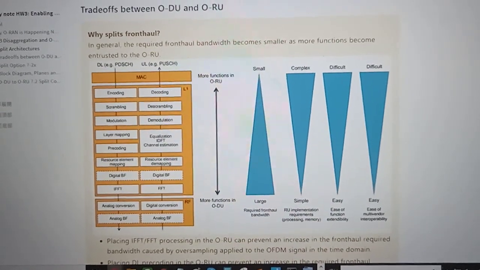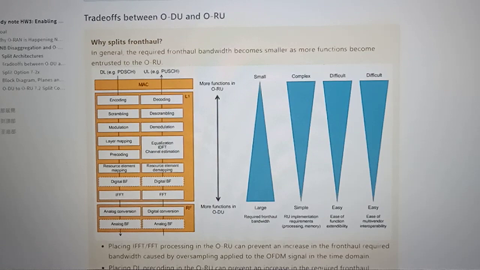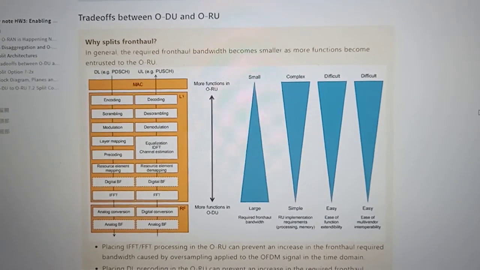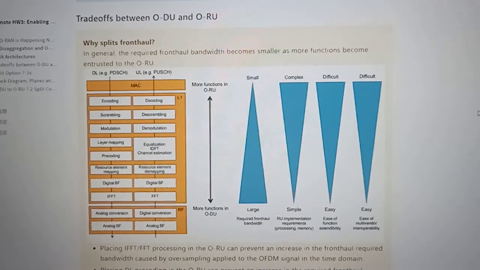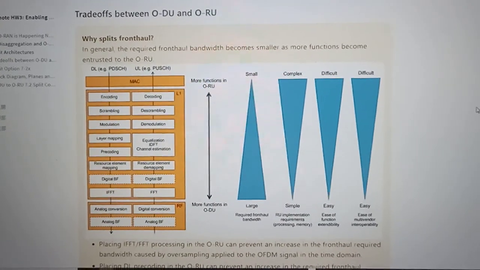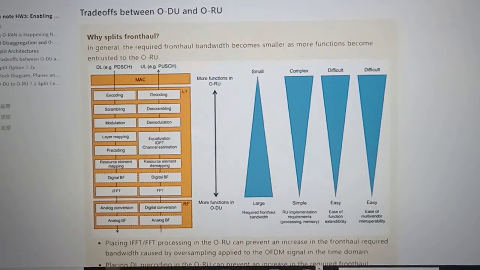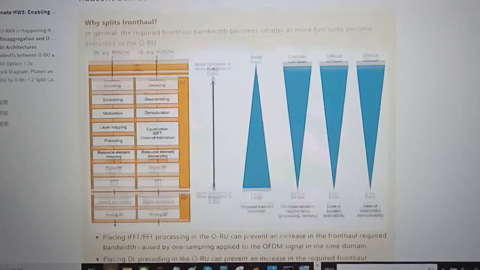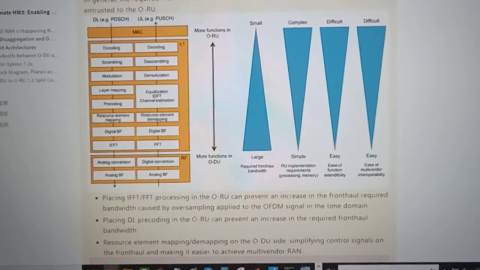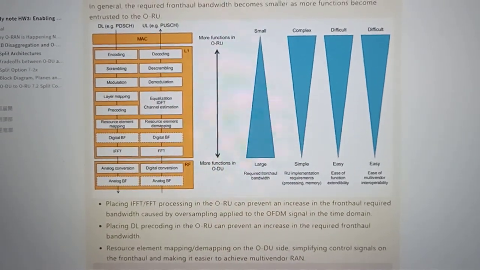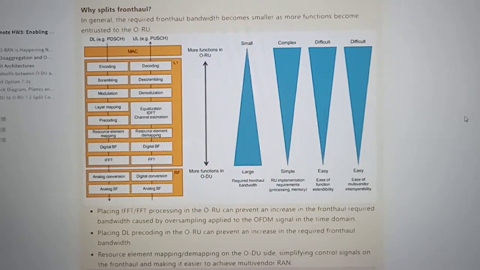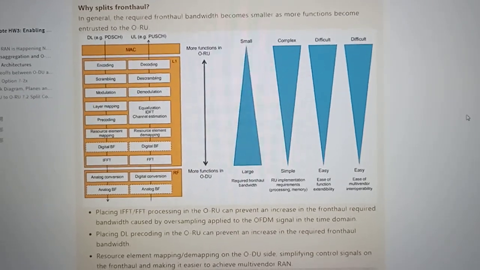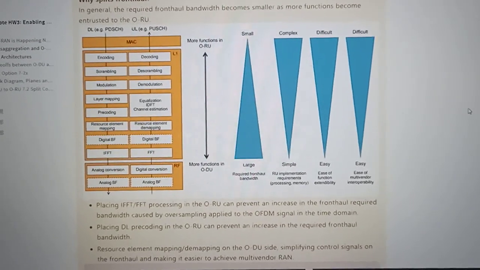So how to balance the functions split to O-DU and O-RU is important to the Fronthaul interface, because more functions in the O-RU will affect the efficiency of the gNodeB.